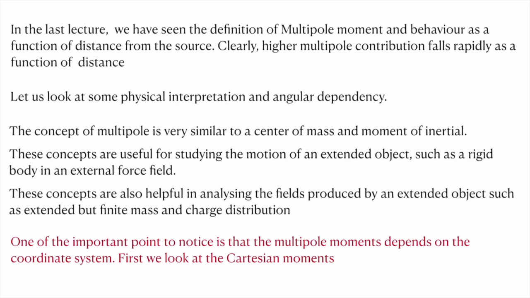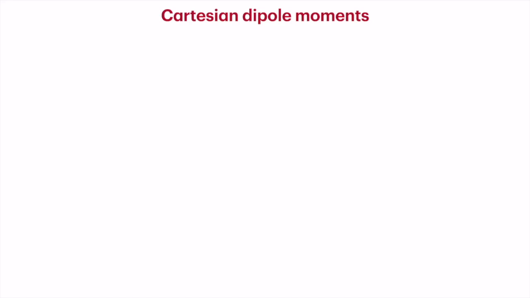This is what makes them somewhat difficult, because they may be different based on the origin as well as the coordinate system which you are using. So let's start with the Cartesian dipole moment and then we define the quadrupole moment. Higher multipole moments can be defined with the higher moments, it's not too difficult.